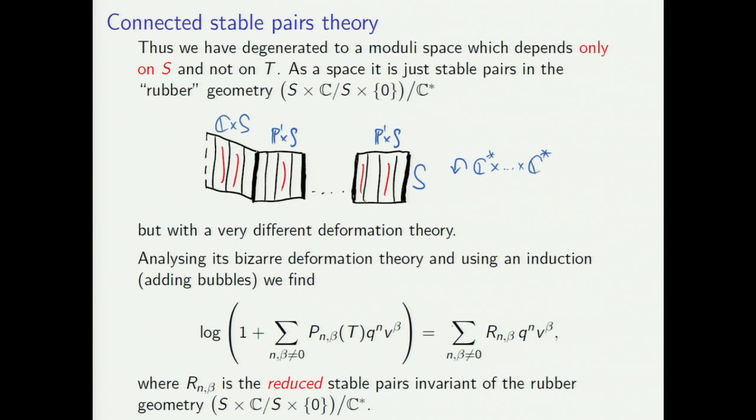So all I'm saying is, using this degeneration, stable pairs in that twistor threefold, which can leak out of the central fiber scheme theoretically, so it looks like they depend on more than the K3 surface, actually can be written in terms of invariants just of the K3 surface. And in fact, invariants which are more or less made out of the K3 surface times C. So I've got rid of all the non-trivial infinitesimal information in the twistor space and just replaced everything by the trivial normal bundle. Okay, so that's some kind of progress.